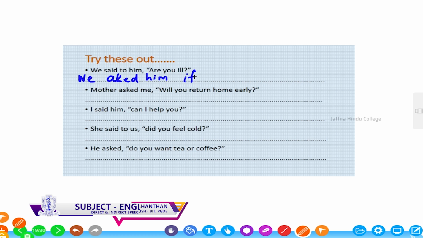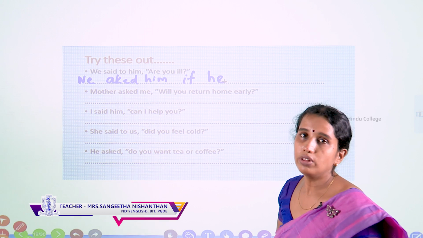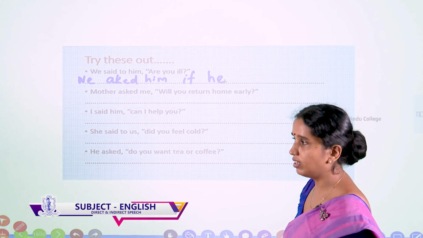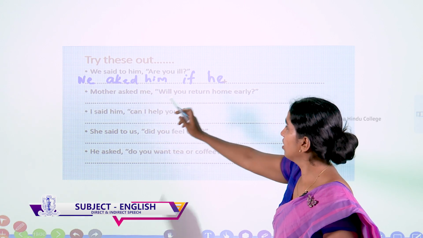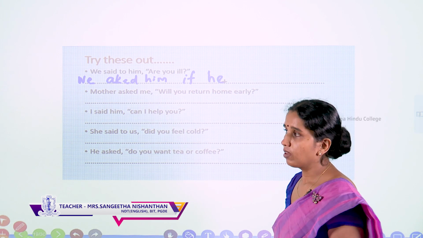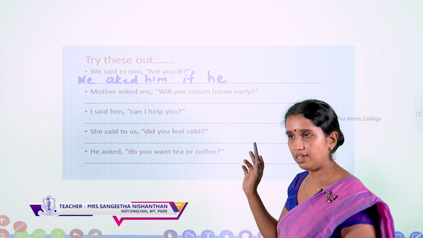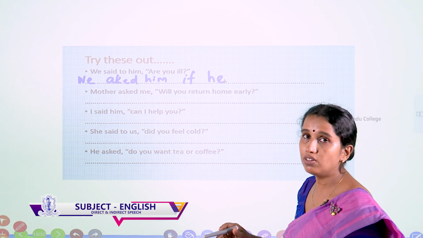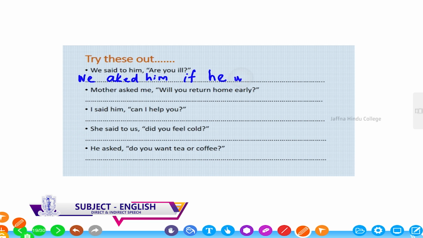So, the subject is now he. The are was brought after the subject. Here the subject is you, so they used are. But now according to the speaker and the listener, we change the subject as he. So, the be verb should be is and the past of the be verb is was. He was ill. Full stop.